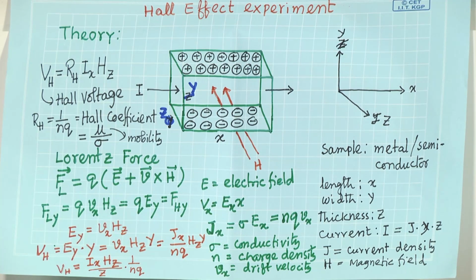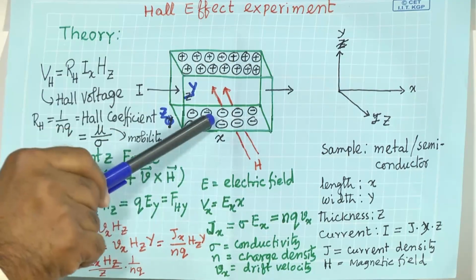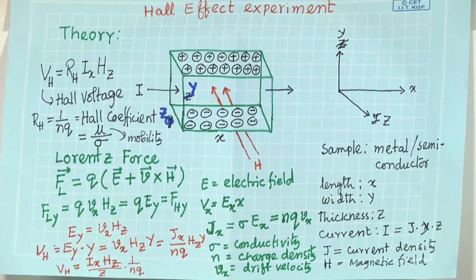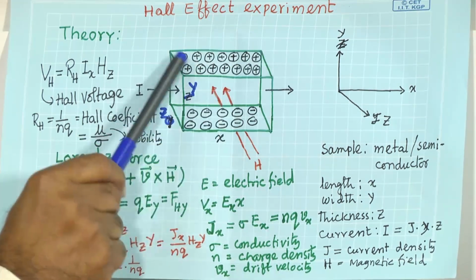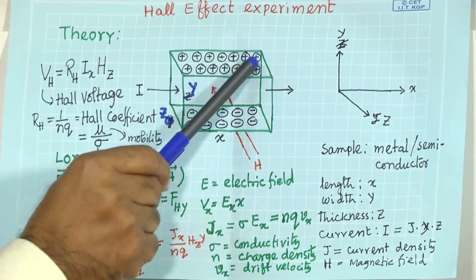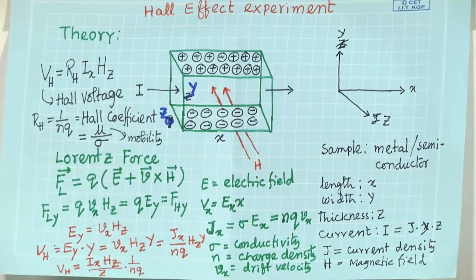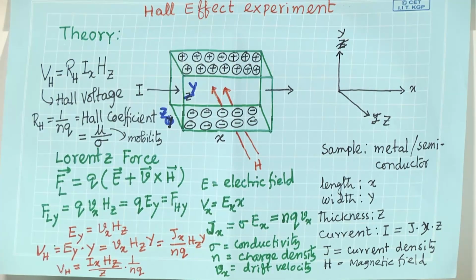Or in case of a metal, only one type of carrier is there. When the electron is shifted along this direction, the other surface of the sample will lack electrons, and only positive charge will be there. So equivalent positive charge will be on this surface, and the other surface will be populated with negative charge. So there will be separation of positive and negative charge, just like a battery.